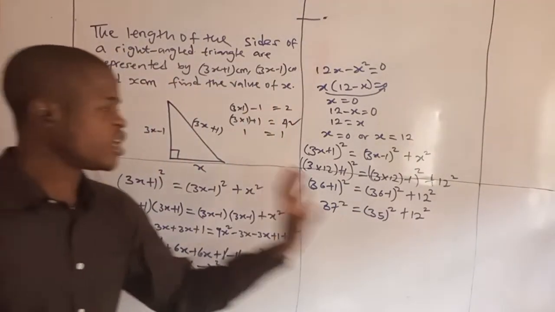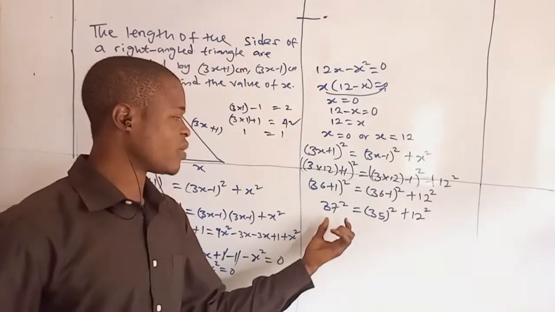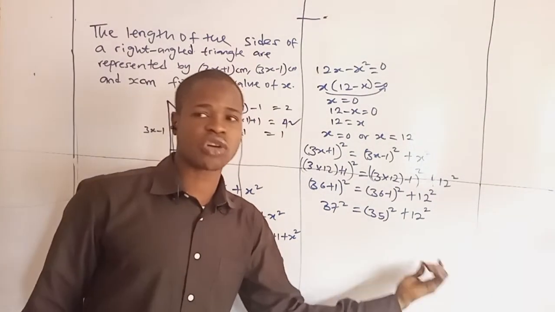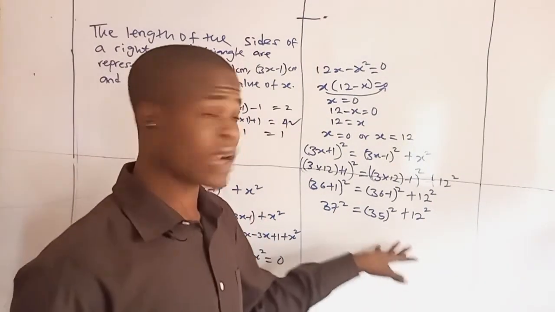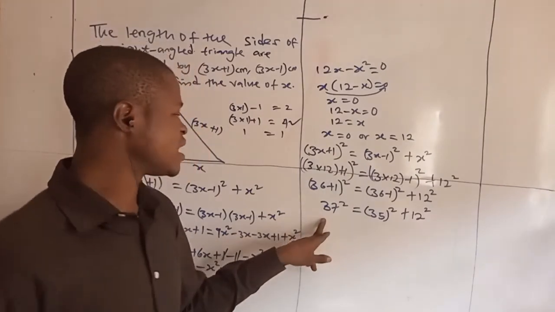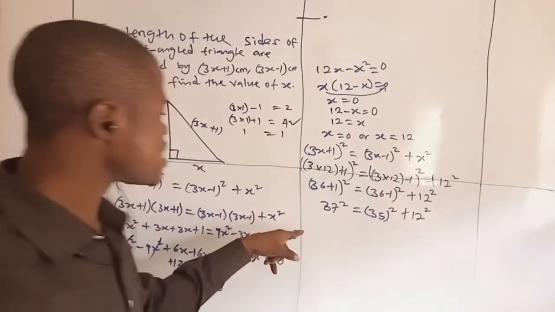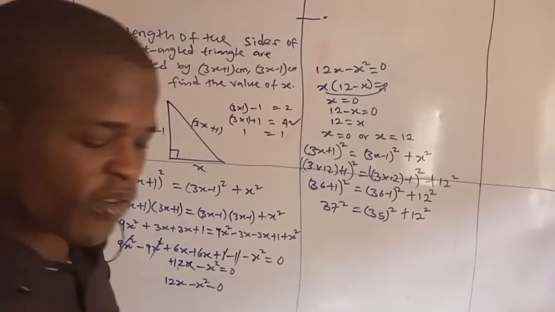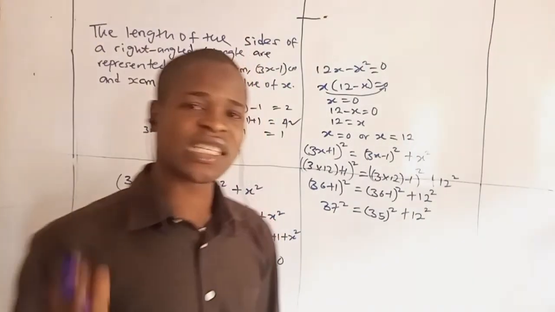If our calculation is correct, our left hand side must equal our right hand side. If I check this, 37 multiplied by 37 will give us 1369.